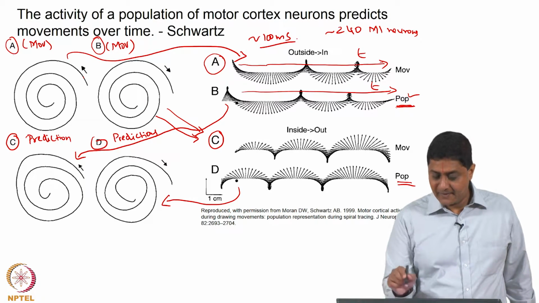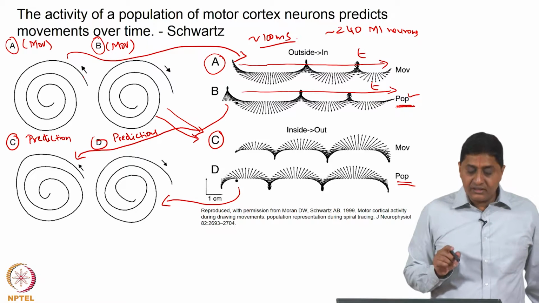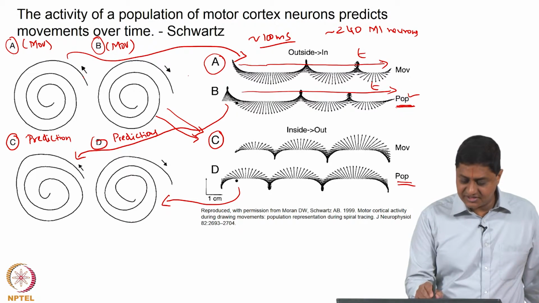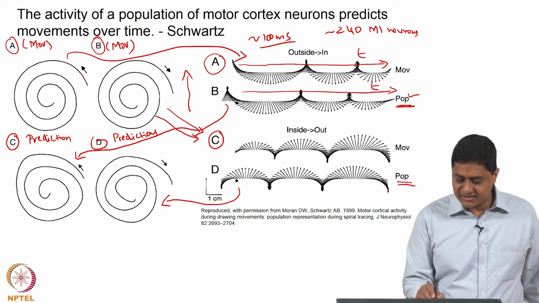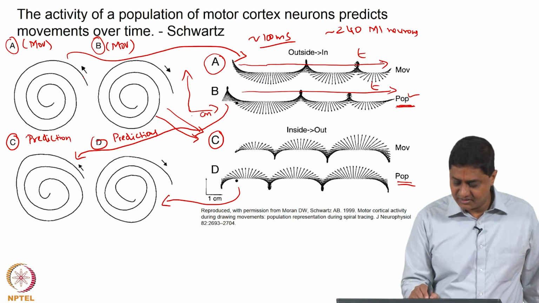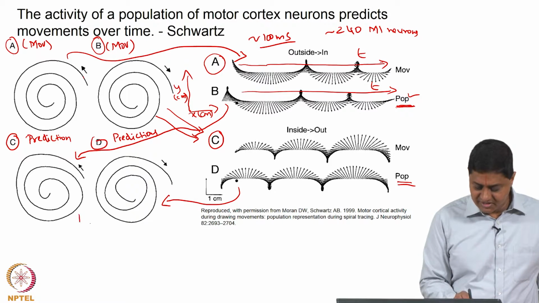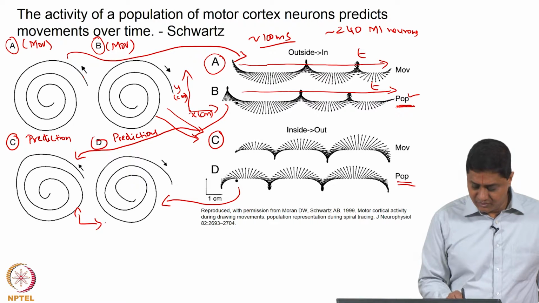And note one more thing, if I had units for these trajectories, say this is the y axis, this is the x axis, x in centimeters, y in centimeters, I am not going to be able to get these trajectories also in centimeters.